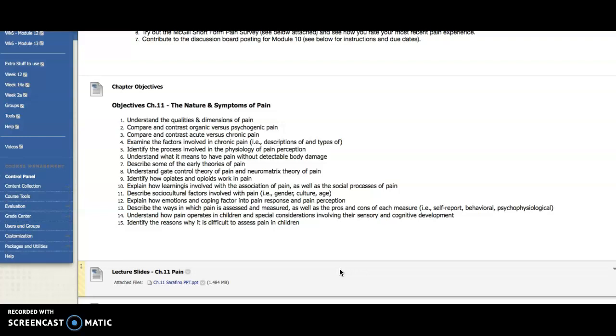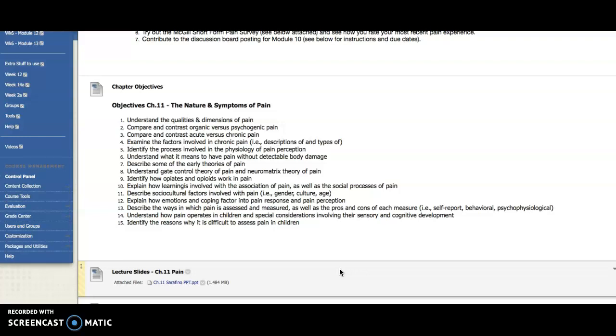We'll examine the factors involved in chronic pain. It is complex. There are different kinds of chronic pain. There are different origins of chronic pain. So we'll take a look at how people describe the various types of chronic pain.